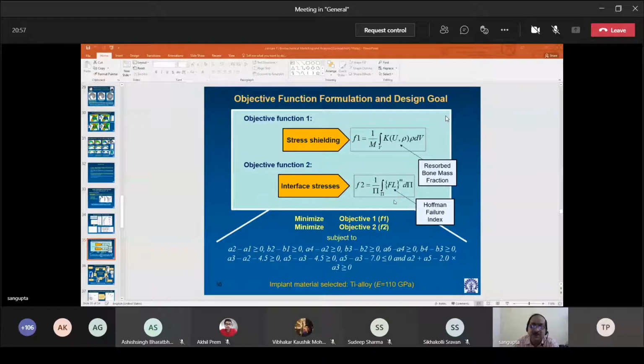But the implant material is homogeneous and doesn't change strength from one point to the other. So obviously the bone is the weaker of the two, and the changes in bone density would influence its local strength, and thereby it will influence failure at different points on the interface where it is coming in contact with the implant. Okay, this is a very important consideration while we assess failure of the implant.